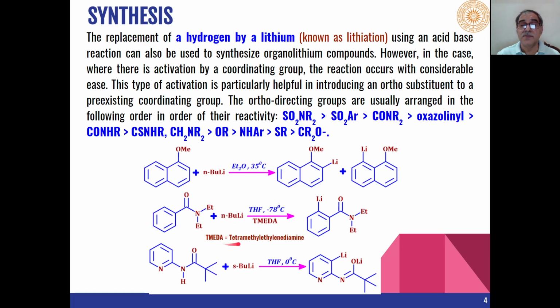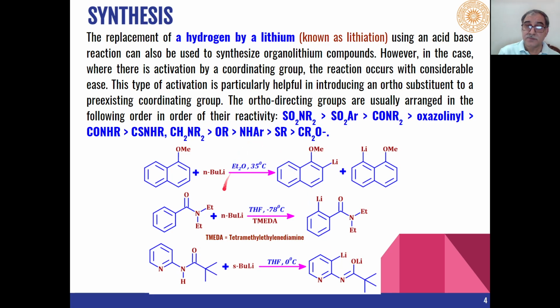And this reaction takes place in the presence of tetramethylethylenediamine, which is used as a base. And then this tertiary butylamide of this heterocyclic pyridine ring also undergoes lithiation at the ortho position when this is reacted with secondary butyl lithium. So this is another method by which we can prepare organolithium compounds.